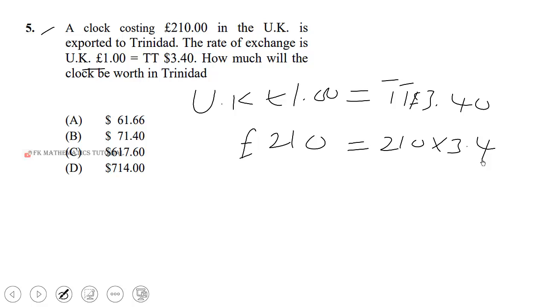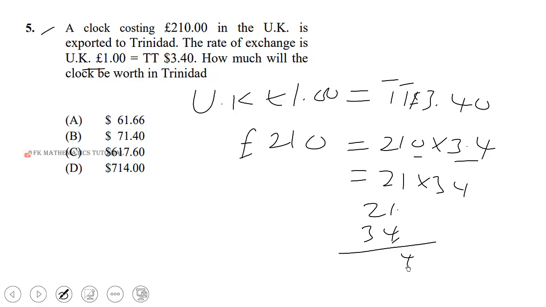This will give us 21 times 34, because 210 is the same as 21 times 10. So I use the 10 to multiply the 3.4 to get 34. So 21 times 34, 4 times 1 is 4, 4 times 2 is 8, 3 times 1 is 3, 3 times 2 is 6.